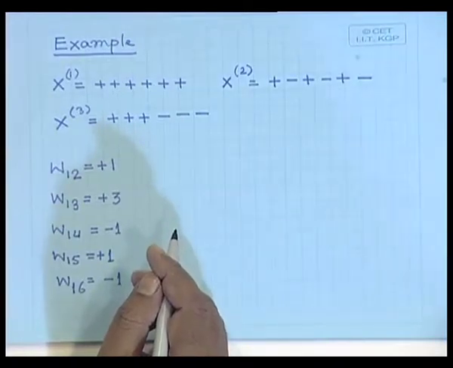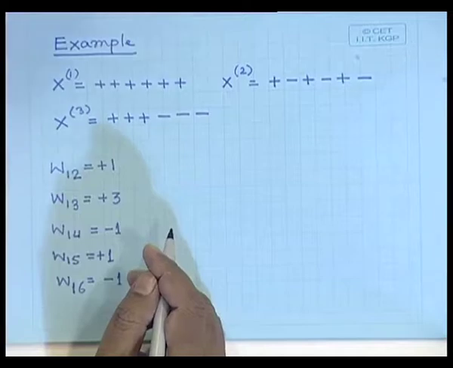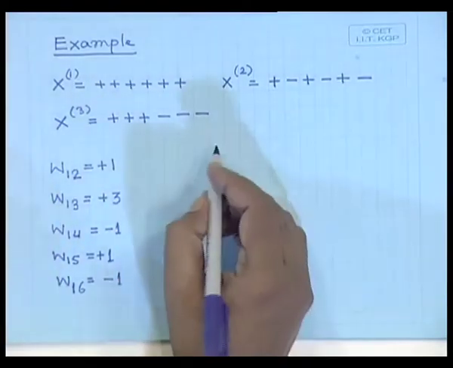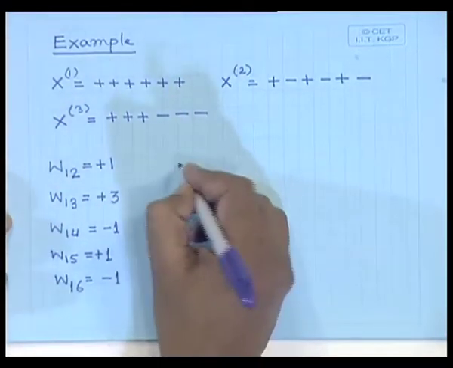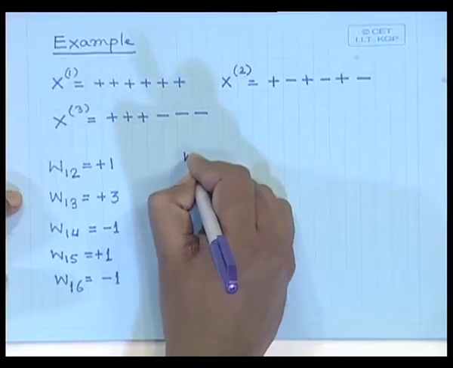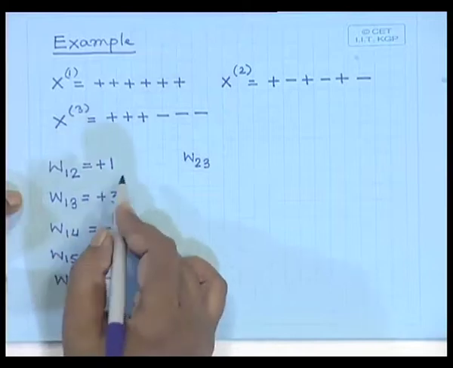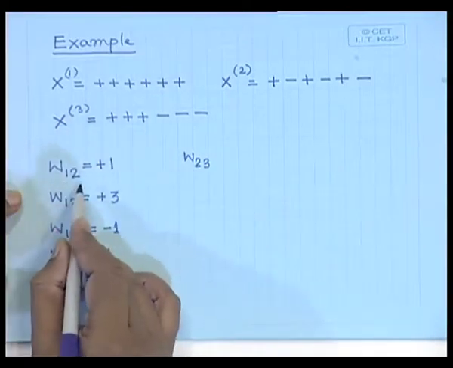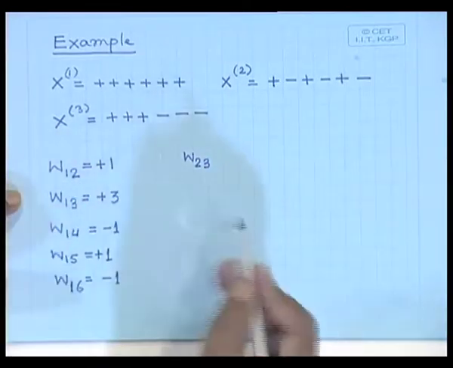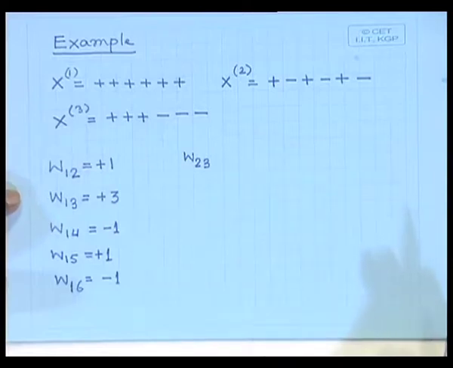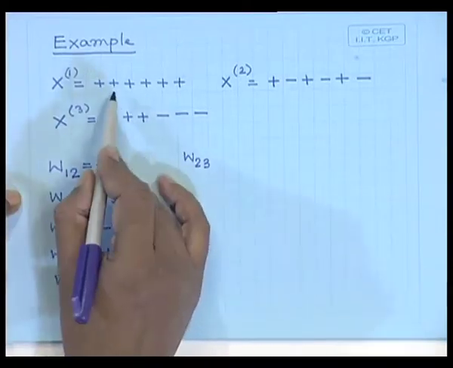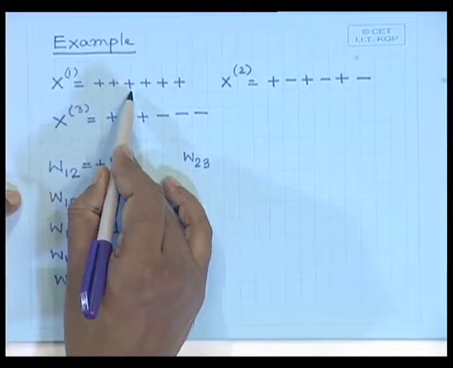Likewise, you will find that I have to compute W23. I will not compute W21 because W21 is the same as W12. W22 is equal to 0. So, I have to compute W23, the second and third bits.